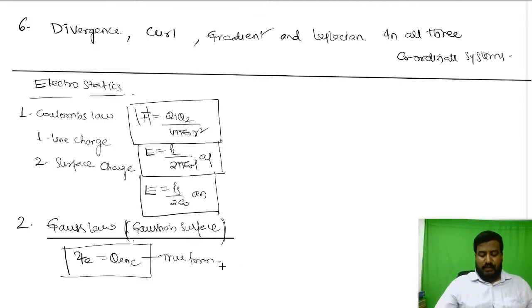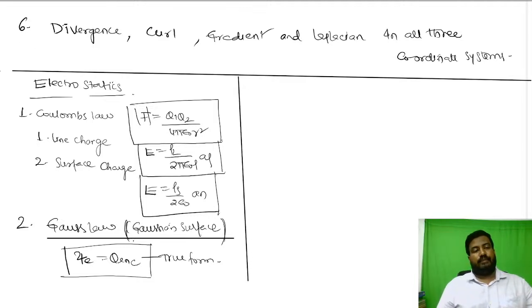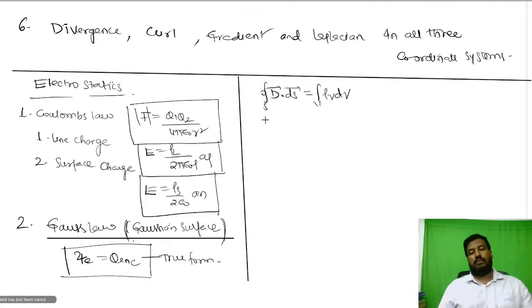If you expand this, you get Maxwell's first equation. Because we know that flux and flux density, how they are related, psi E is closed surface integral of D dot ds, is charge enclosed, volume integral of rho v dv. Applying divergence theorem, volume integral of del dot D dv is equal to volume integral of rho v dv.